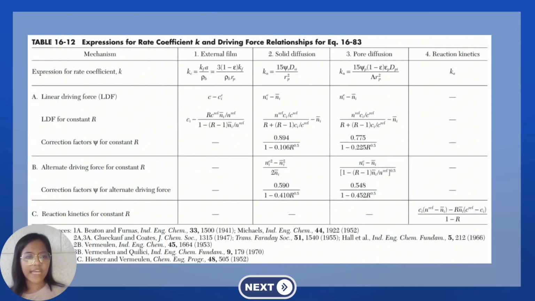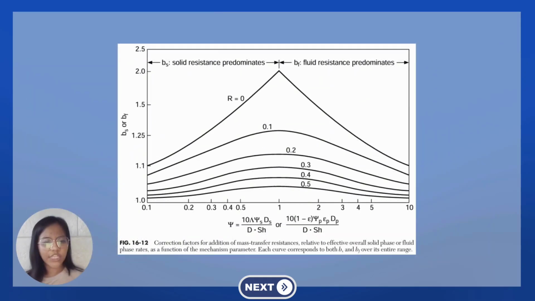Table 16-12 shows the expressions for rate coefficient K and driving force relationship for equations 16-83. Figure 16-12 shows the correction factors for addition of mass transfer resistances relative to effective overall solid phase or fluid phase rates as a function of the mechanism parameter.